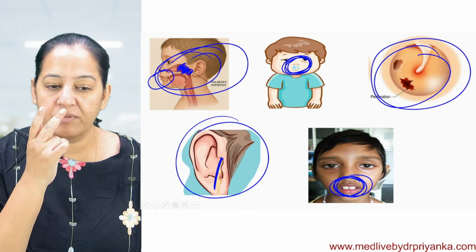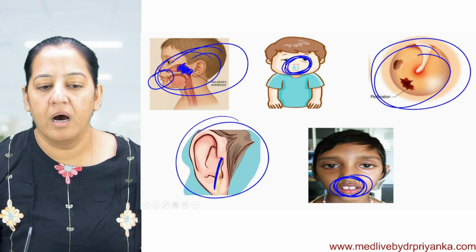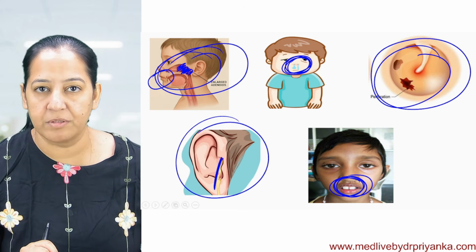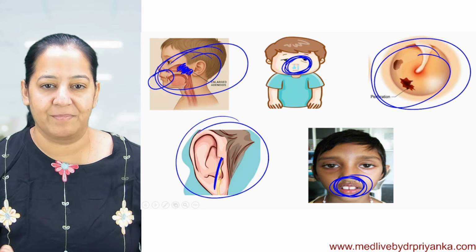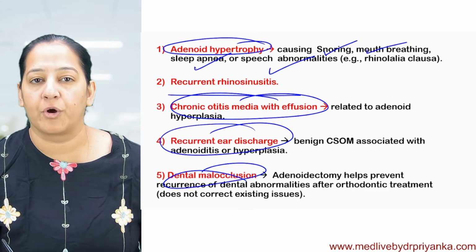Because the mouth is open, the child is breathing through the mouth. Normally we should not do respiration from the mouth; we should do it from the nose. That is the proper way of respiration. But because of nasal obstruction, dental malocclusion can occur.